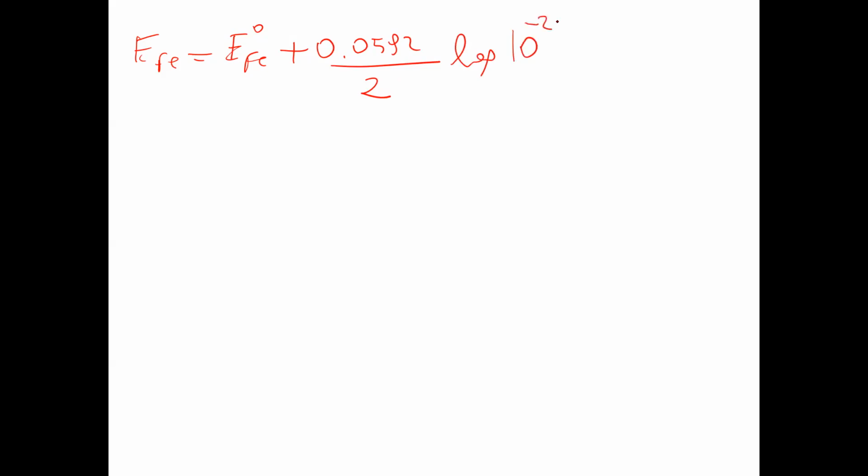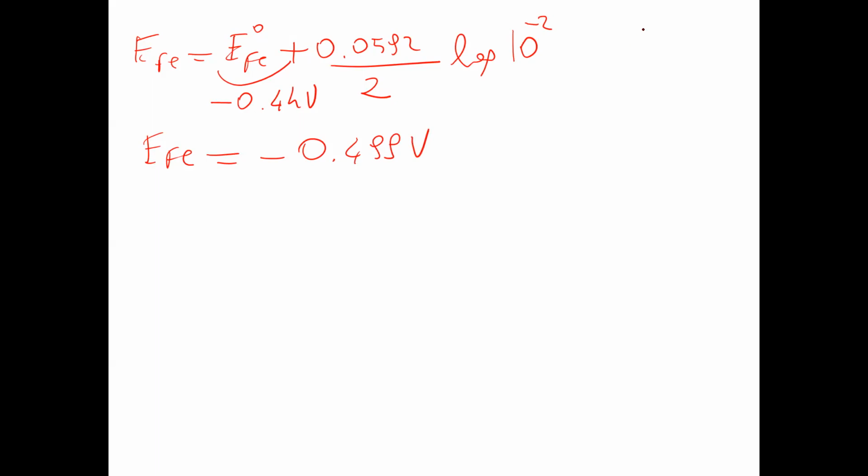And similarly, we can calculate the E potential for iron: E standard of iron plus 0.0592, this is 2 electrons, and logarithm 10 to minus 2. You know this value is the standard value, minus 0.44 volt, and iron reduction potential under these circumstances drops to minus 0.499 volt.